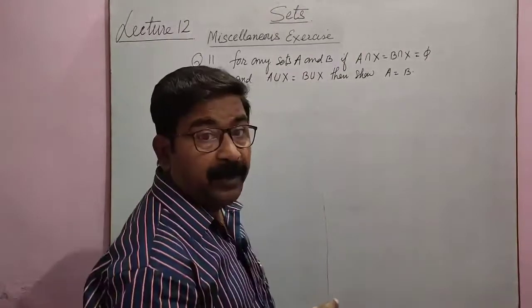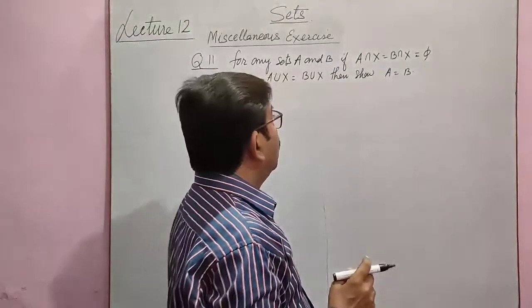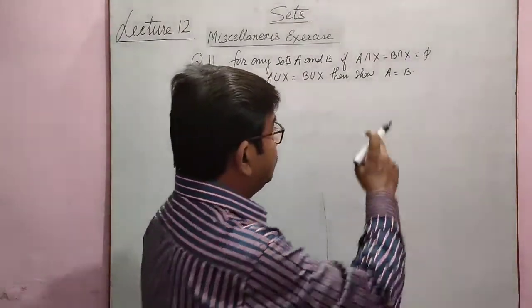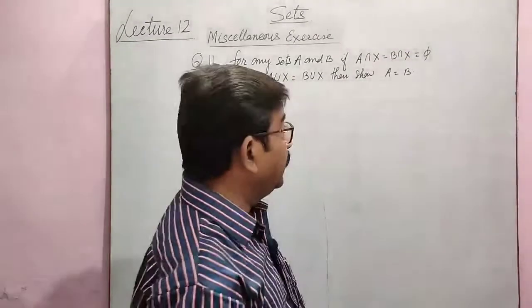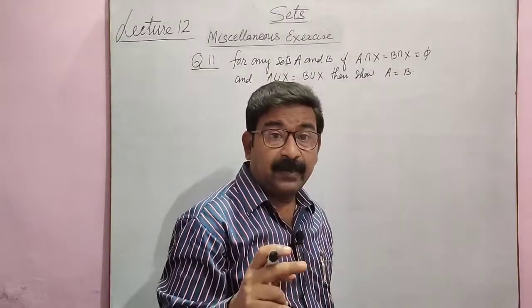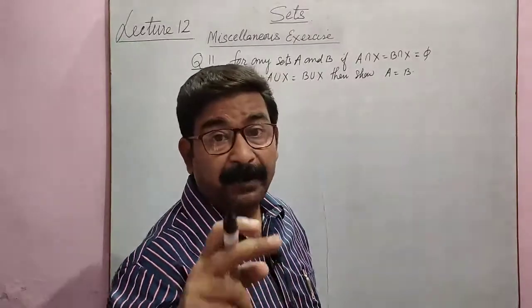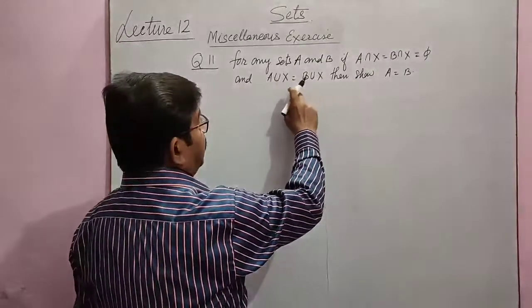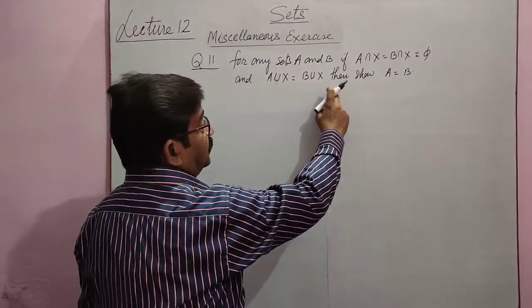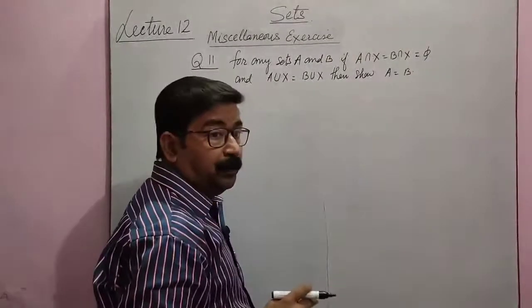Two sets A and B are given, and another set X is given such that intersection of X with A is the same as intersection of X with B, which is phi, and A union X is equal to B union X. Then we have to show A is equal to B.